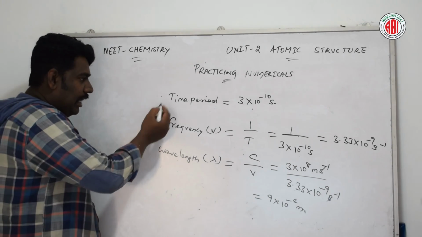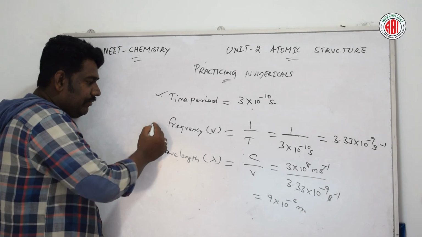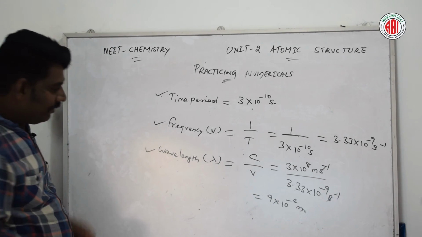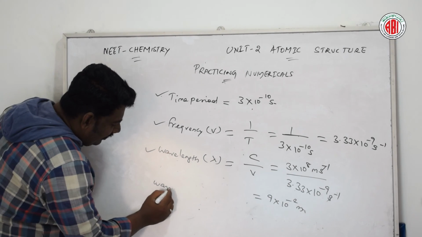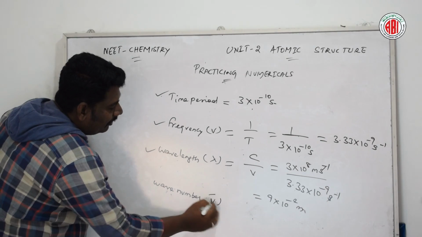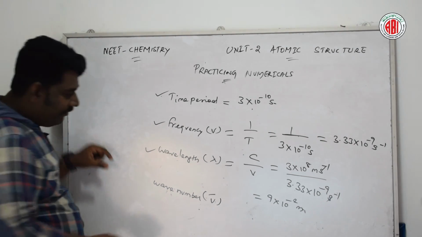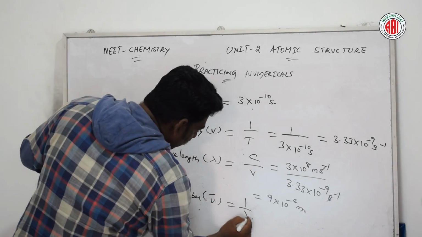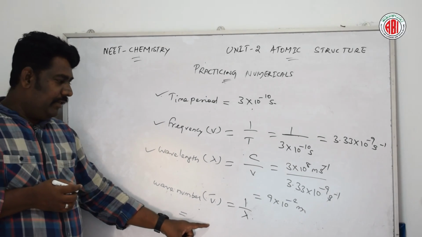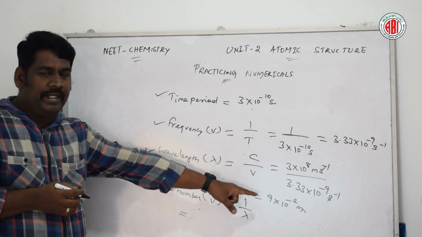So we have the time period in the question, the frequency, and now the wavelength is over. Let us find the wave number. V bar, wave number, we have a formula that is 1 by lambda. Lambda value we have is 9 into 10 to the power of minus 2 meter.